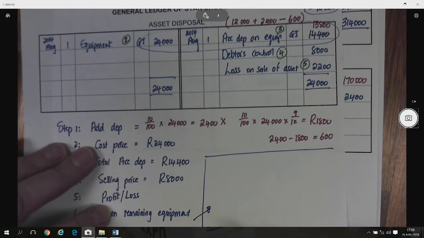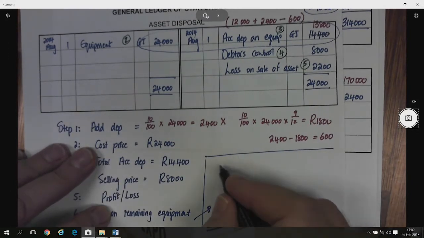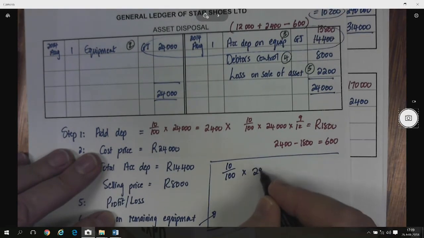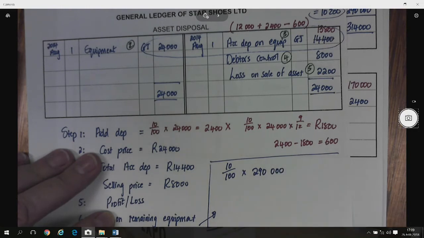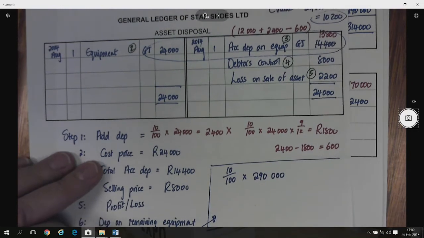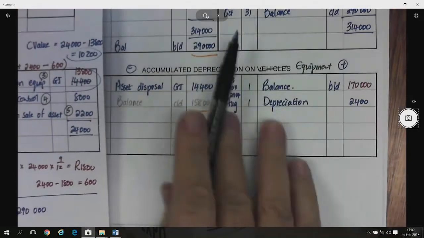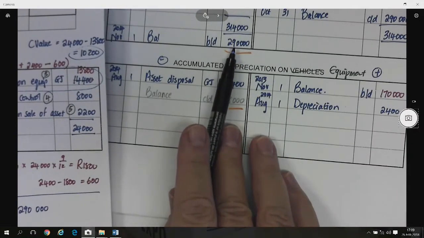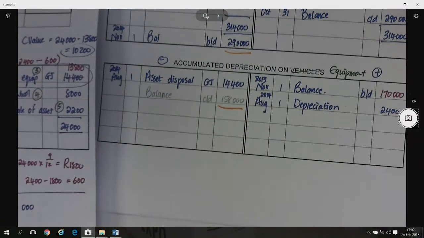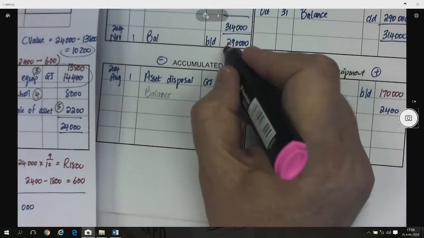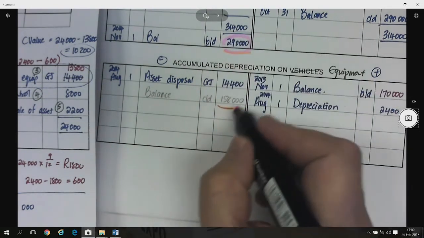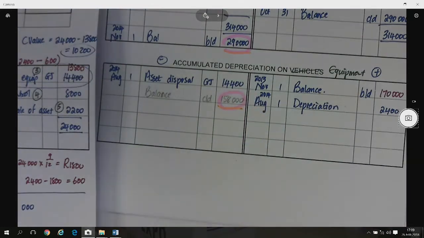Step 6. 10% on cost. Can you see? 290,000 was the balance in your equipment account at the end of the year. Remember, they gave us that balance and they gave us that balance. 290,000 plus 158.